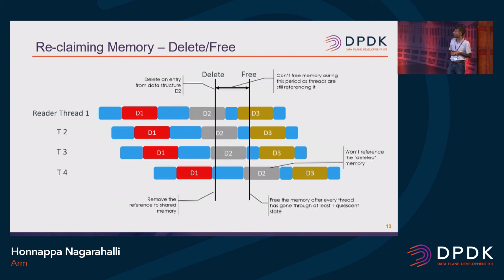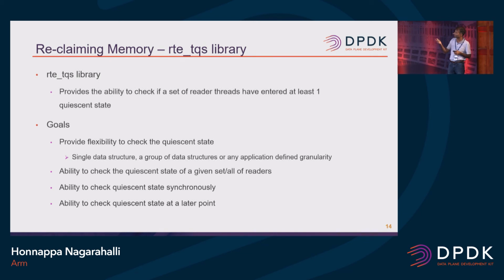What I would like to do is introduce what I call the RTE_TQS library. It will provide the ability to check if a given set of readers are done referencing an entry or a memory location.